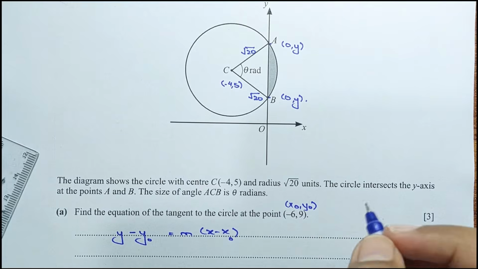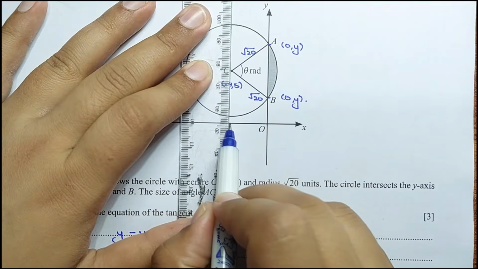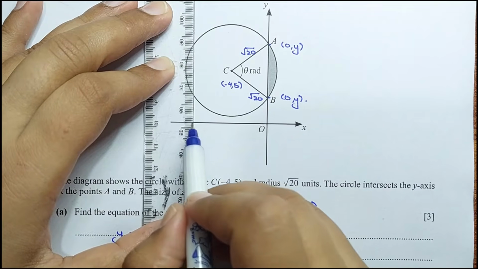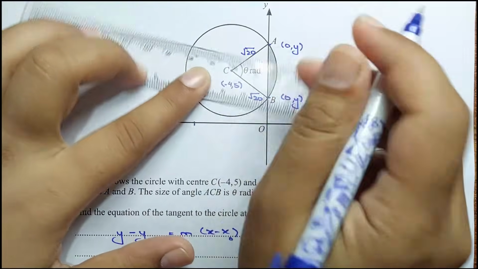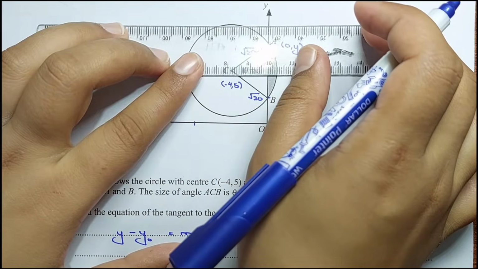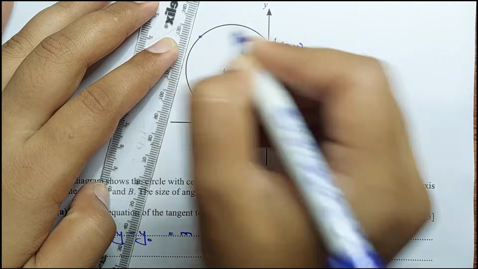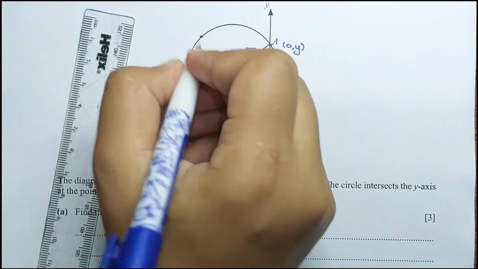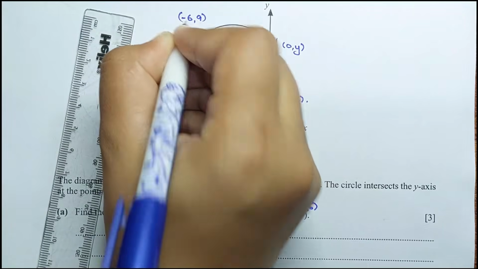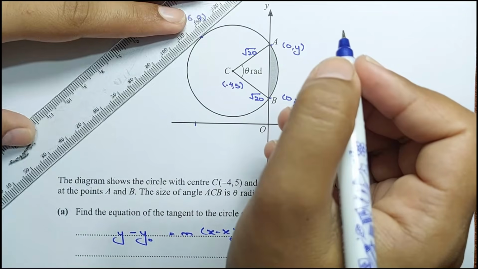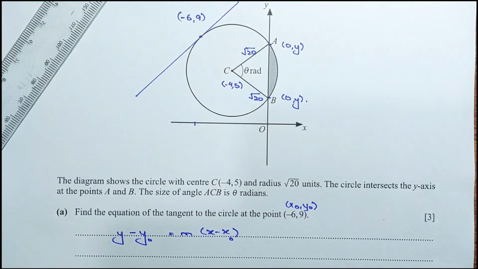Let's say somewhere over here we have the point -6 and 9, which lies on the circle, because a tangent is a line which touches the circle at only one point.